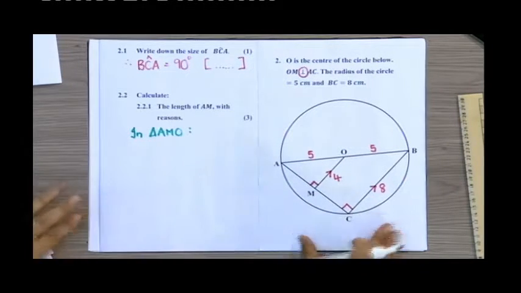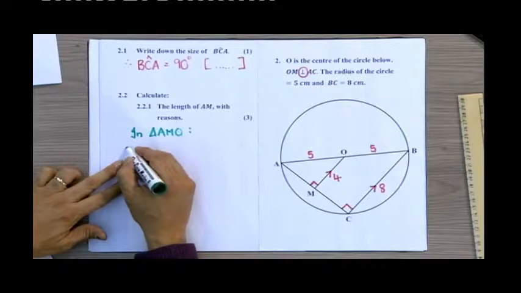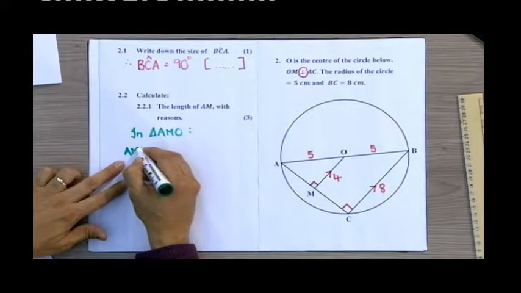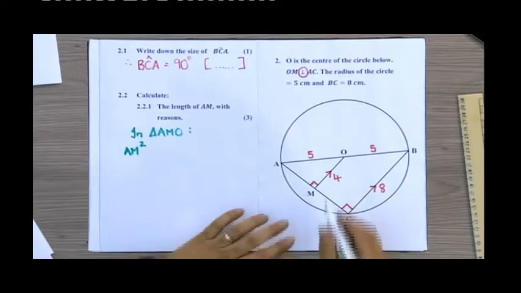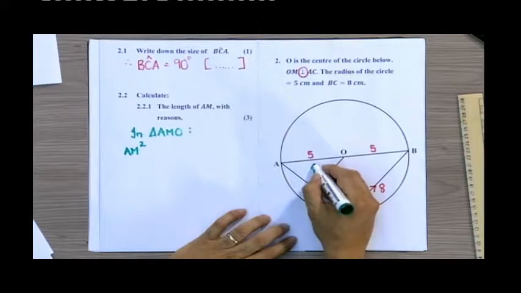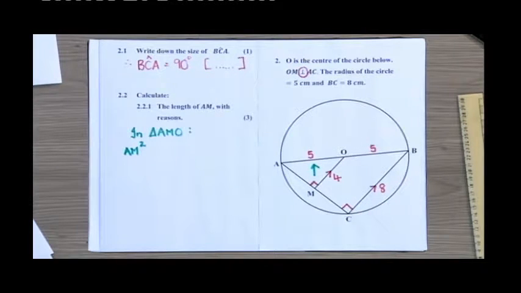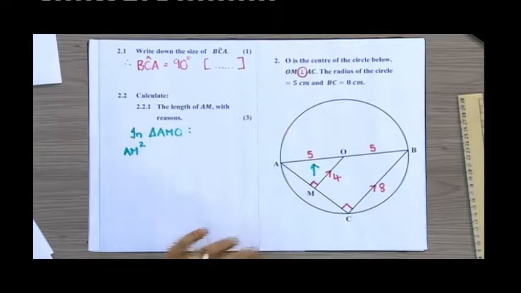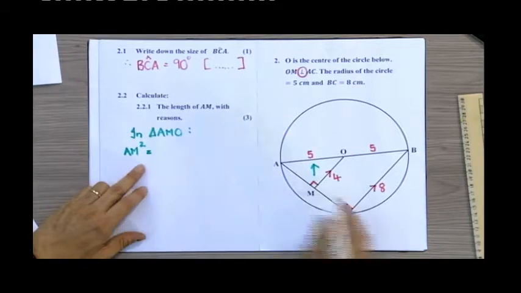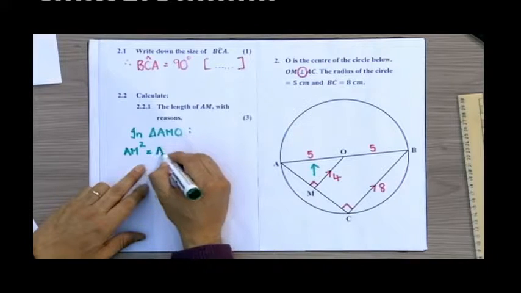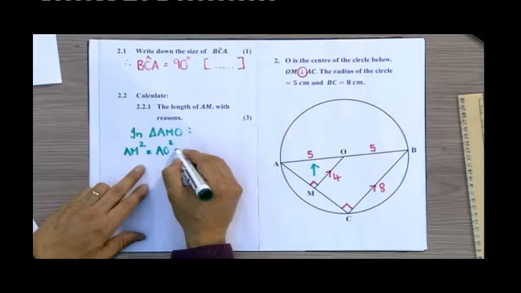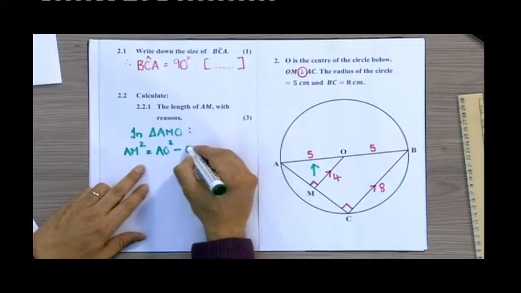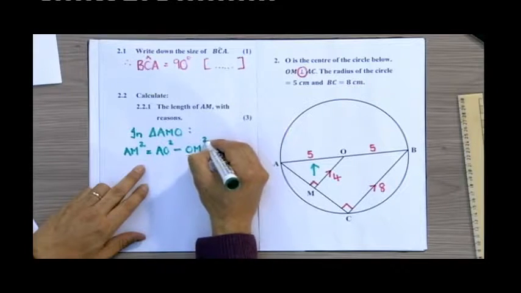So the statement we can write down, AM squared, remember where's your hypotenuse? It's opposite the 90 degrees, that is the longer side. So the longer side is the sum of the other two. So AM squared will be equal to AO squared minus the value of OM squared.